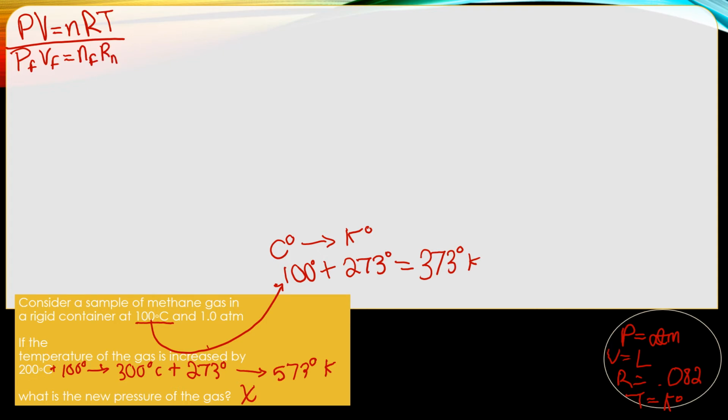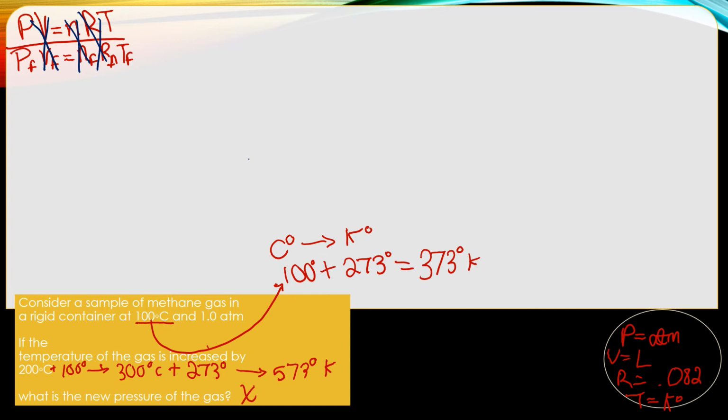Now, as we can see in the question, the only things that change are the pressure and the temperature. So everything else in this sample of methane gas stays the same, because remember, R is always going to be 0.082.